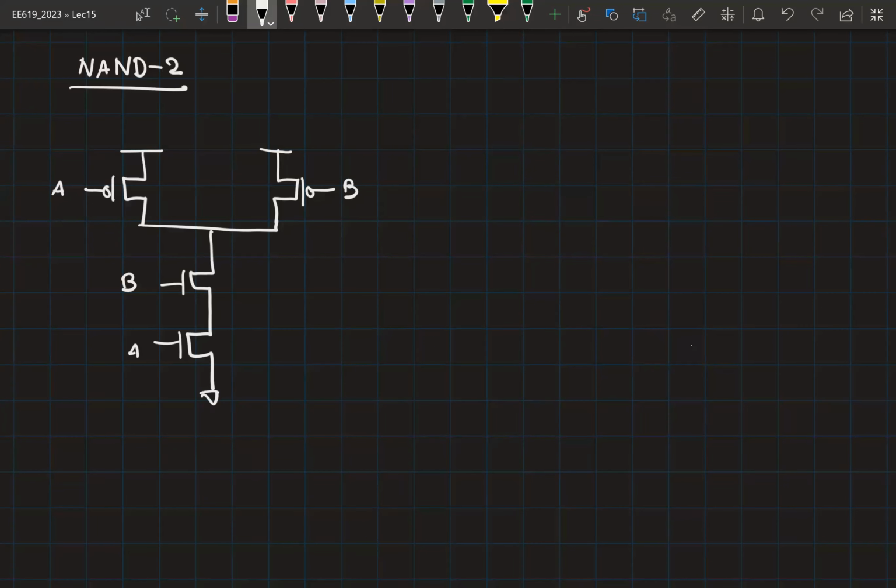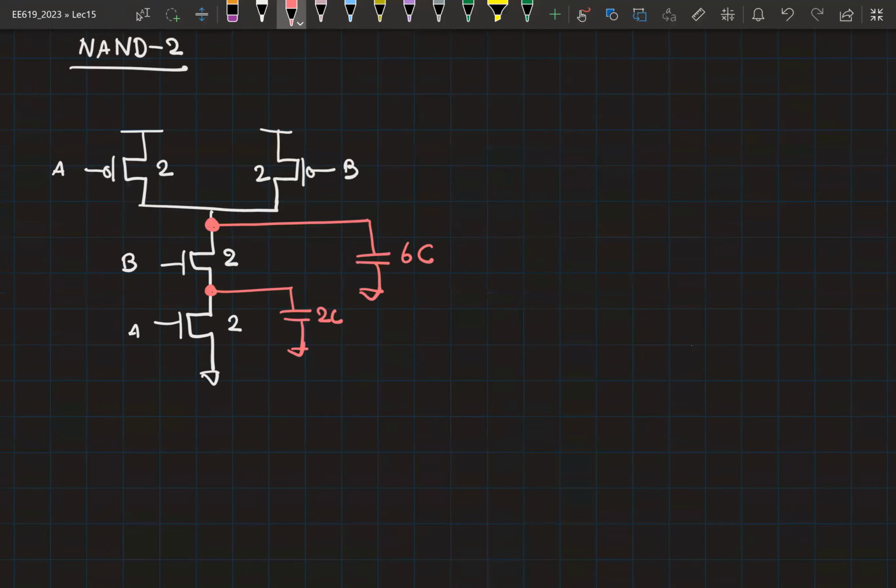What is the size of the NMOS? This has to be 2, and PMOS 1. Also, what is the capacitance here? This is 2C. Total capacitance here is equal to 6C.